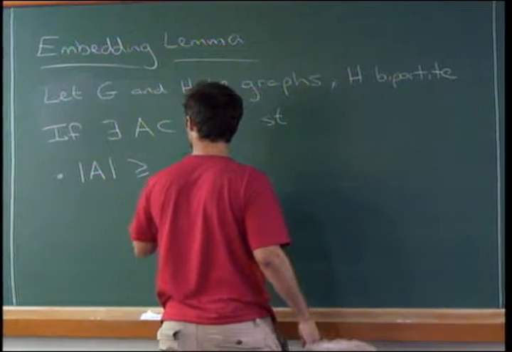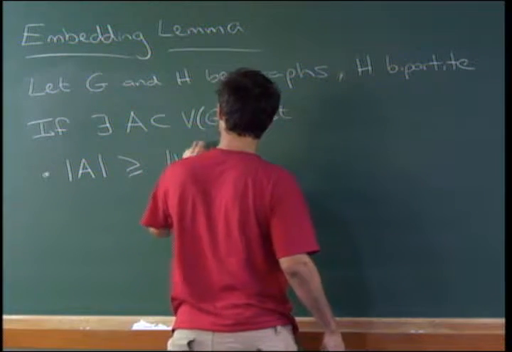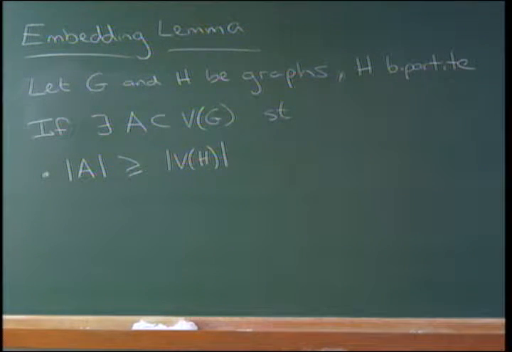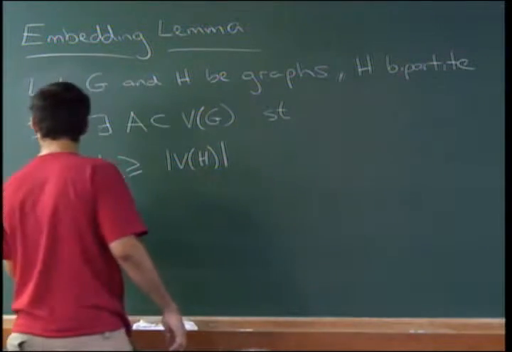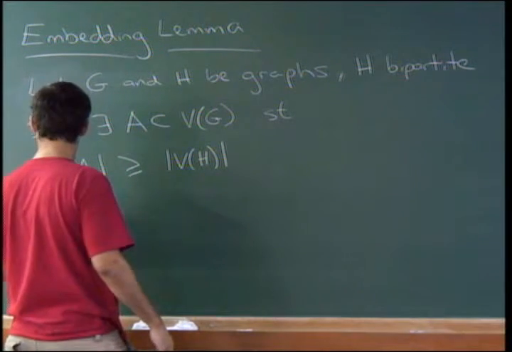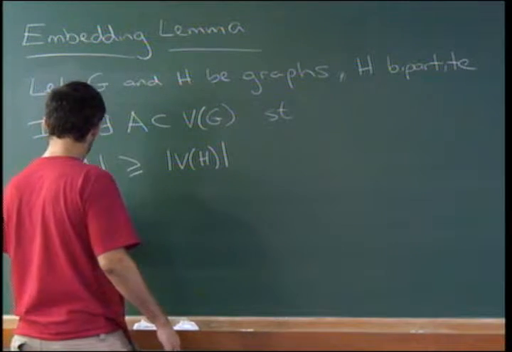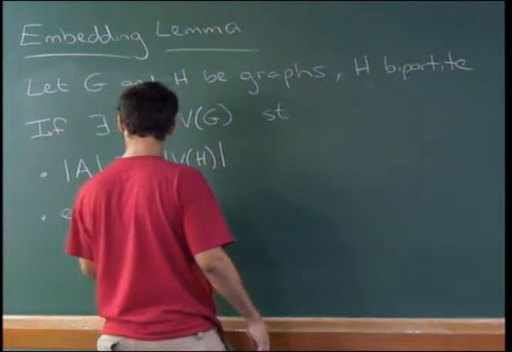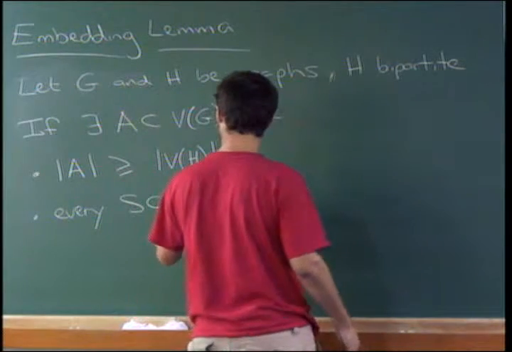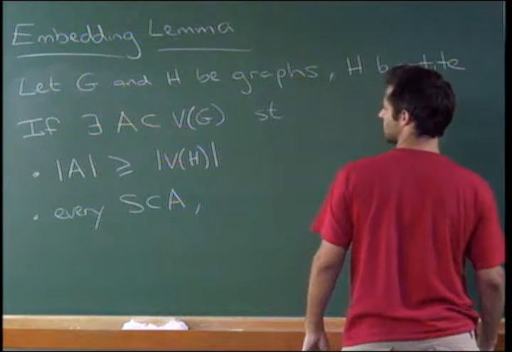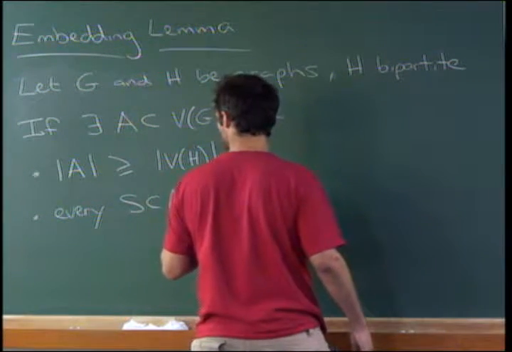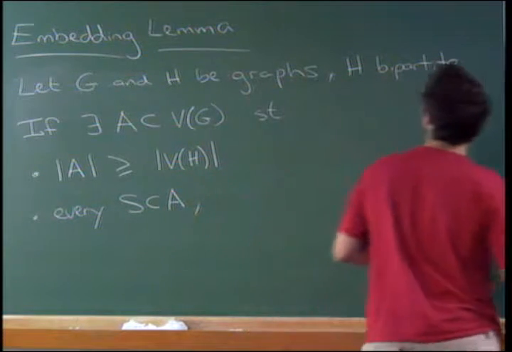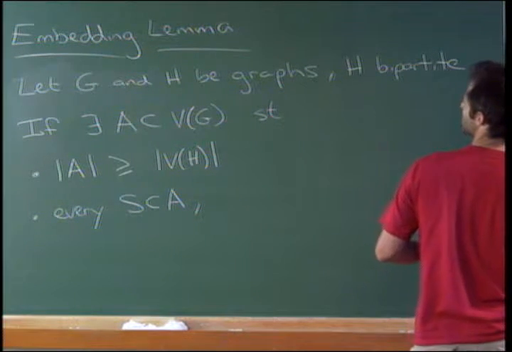such that, say, A is at least as big as the number of vertices of H. Maybe it only needs to be as big as one of the sides. And every subset of A with, so maybe I'll need some notation.